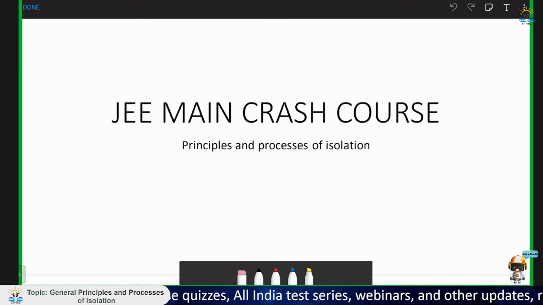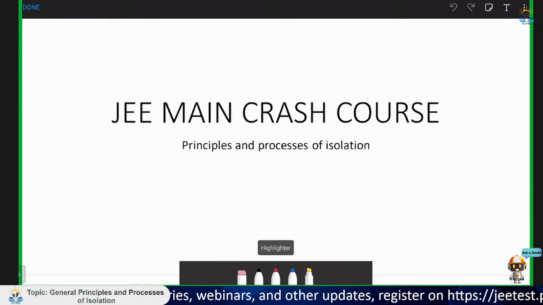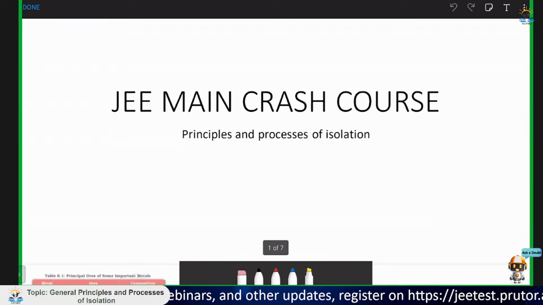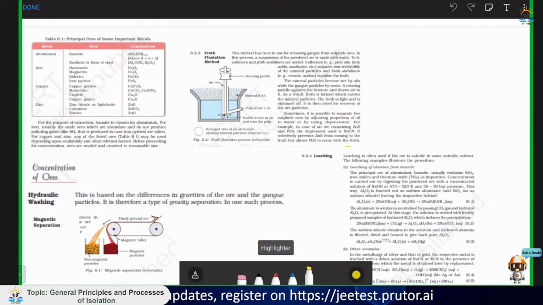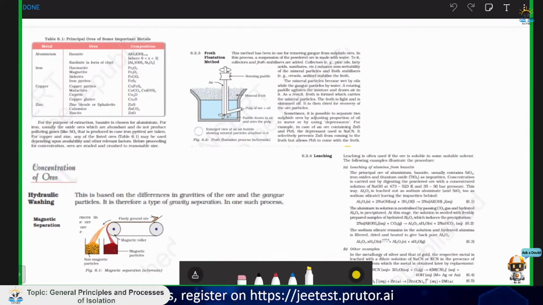I just pasted some of the stuff from the NCERT and I'm going to mark the important things with this highlighter. In the first table, for aluminum, you're going to have bauxite ore.